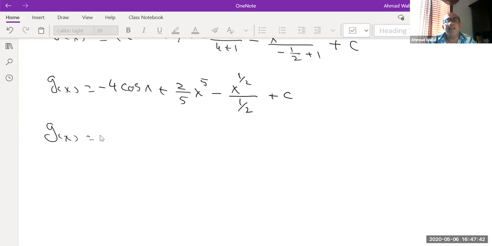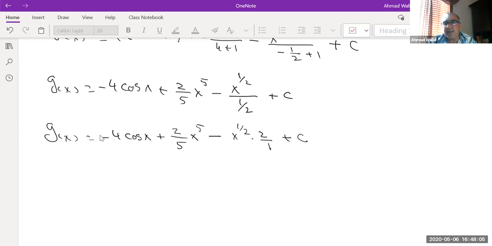Then g of x equals negative 4 cosine x plus 2/5 x to the power of 5 minus, here simplify, x to the power of 1/2 times 2 over 1.